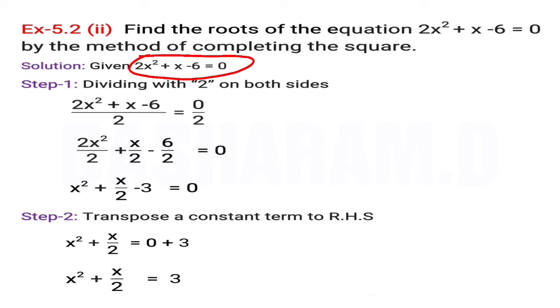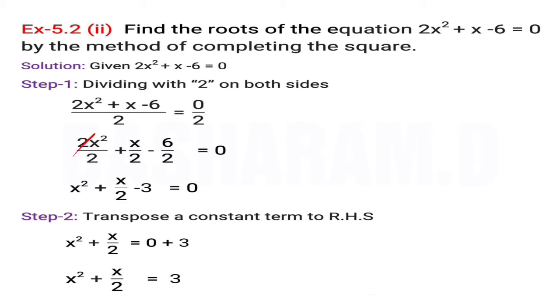What is the coefficient of x²? Yes, 2 is the coefficient of x², but we need 1. So that is why we divide by 2 on both sides. That is step 1. So (2x² + x − 6)/2 = 0/2. Now LHS split into 3 fractions: 2x²/2 + x/2 − 6/2, and 0/2 is 0.